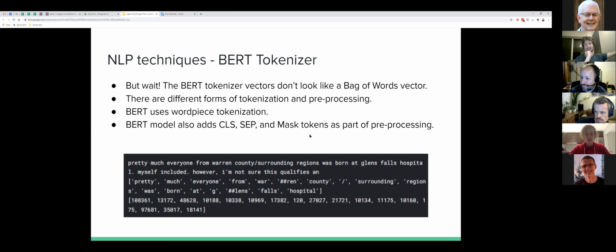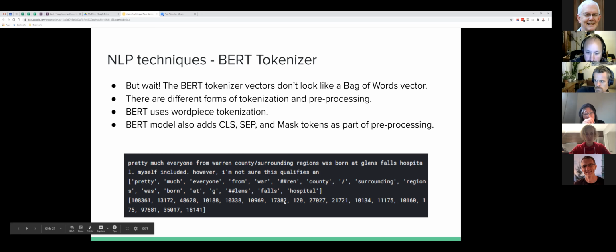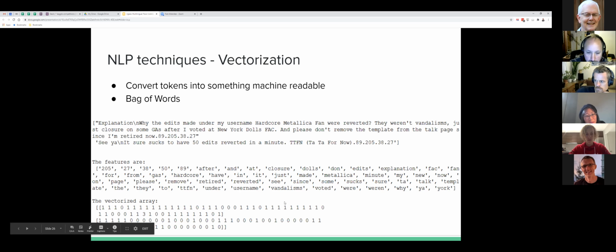I have a question. Yes. I was wondering, was there a reason why the numbers and special characters are left and not removed during the pre-processing procedure? Which characters do you mean? The numbers and special characters. For example, I think the other slide had just numerical values, and then I also see, for example, 205 and 27, 38, 50.